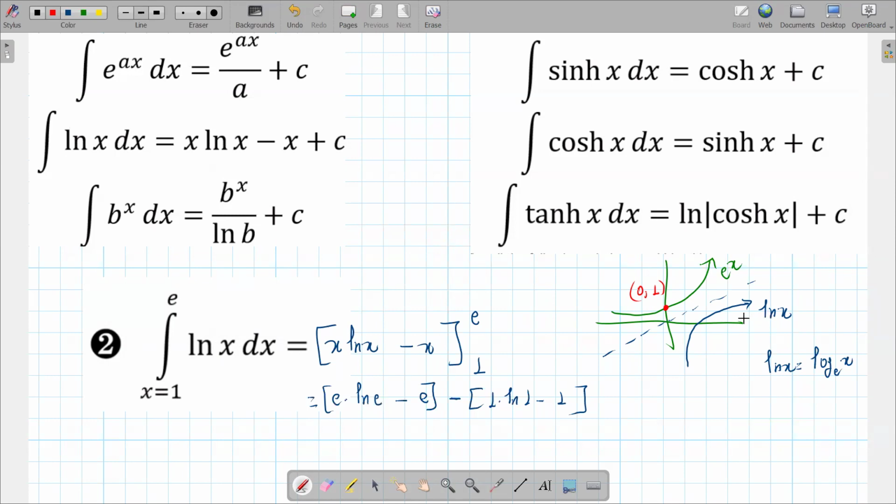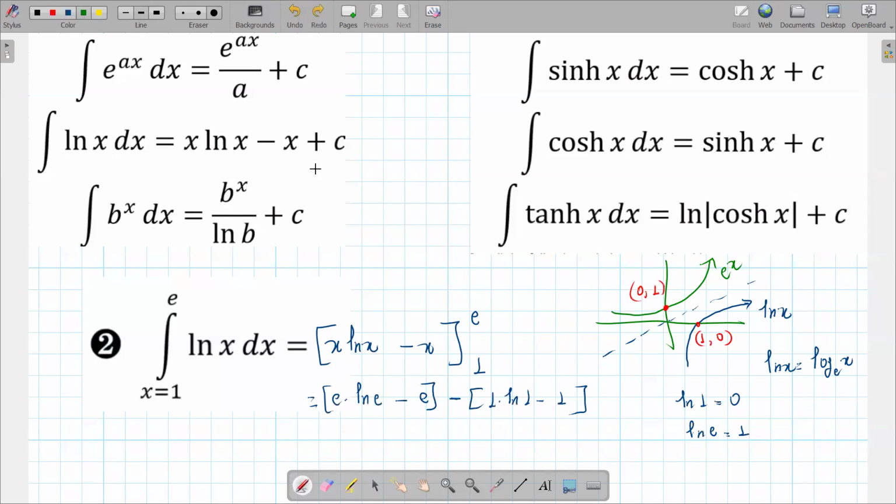Whereas the inverse function ln of x always intercepts the x-axis at 1. This goes through the point 1, 0. What this means is that ln of 1 is a 0. And ln of e, remember they're inverse functions, is going to be 1 because the power of e here is 1.